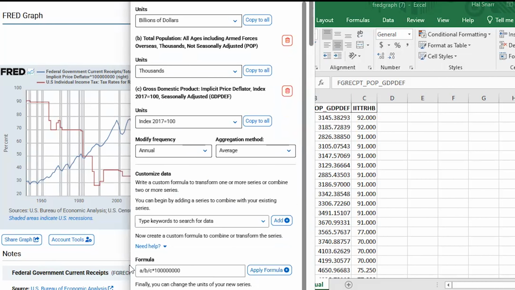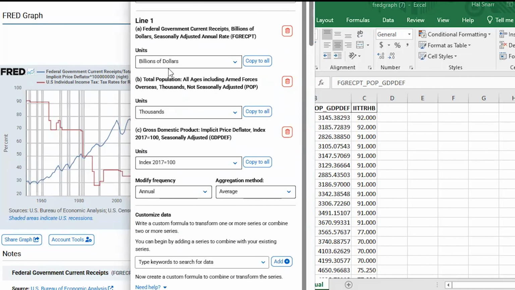So down here, when I take federal government current receipts and I divide it by the population, and then divide that by the GDP deflator to account for inflation, this number here is essentially a number that converts this into billions, it converts this into thousands, and it strips this of the percentages.